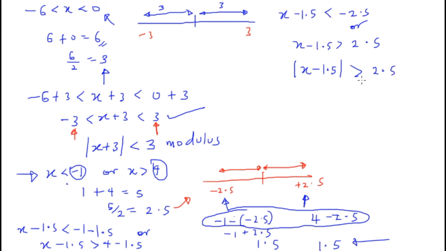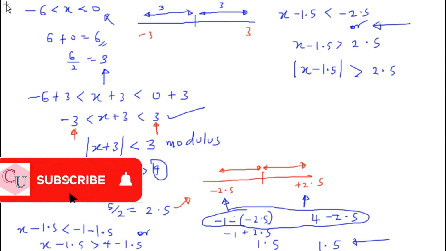I use greater than because I know that it makes use of all. So what this actually means is that x minus 1.5 is greater than 2.5, or it is less than minus 2.5. So that's how to do something of that nature.